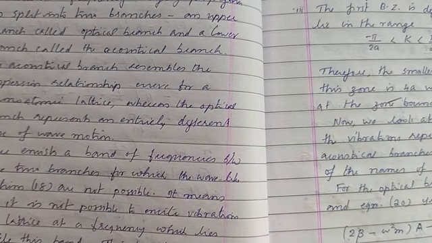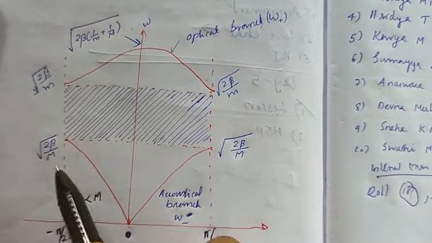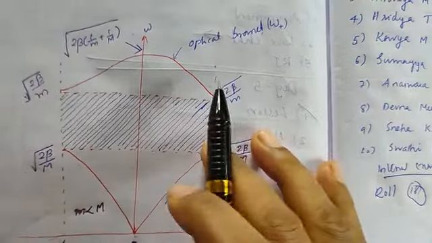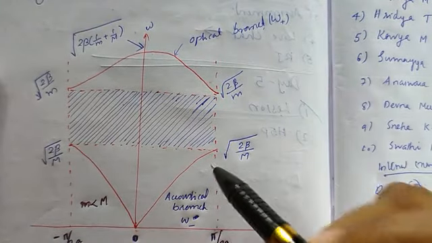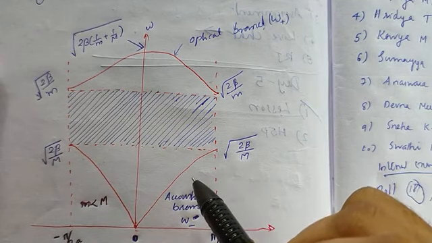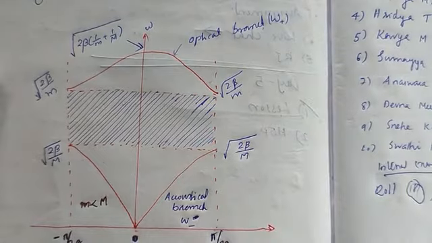It is quite clear from this graph. We have got two branches, acoustical and optical. This acoustical branch is just similar to the one-dimensional monoatomic case, and this is a completely different branch.